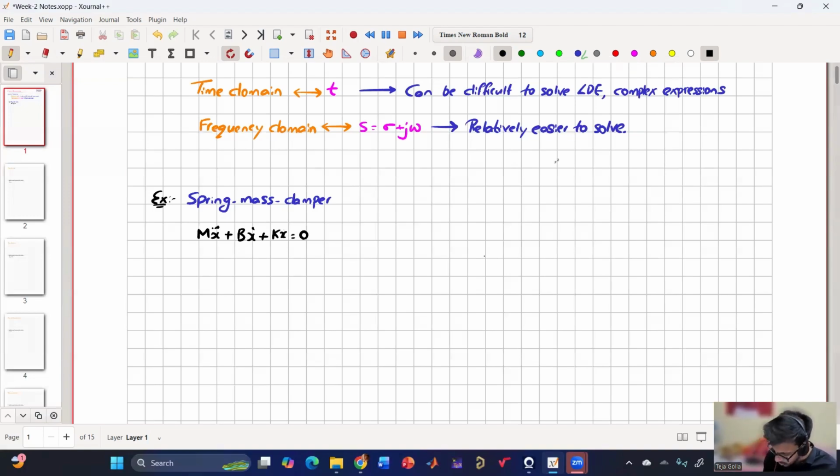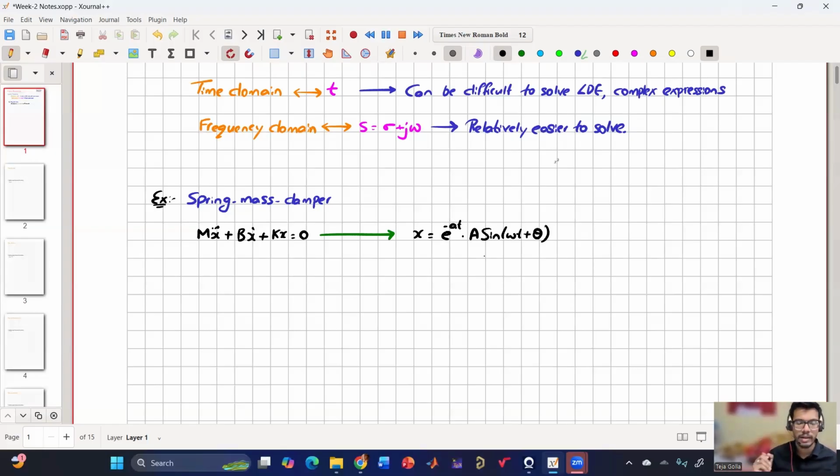So if you solve this expression, we'll get x in terms of exponential. We can say e to the power minus a t into some constant A into sine omega t plus theta.